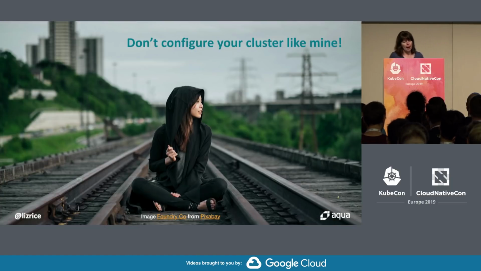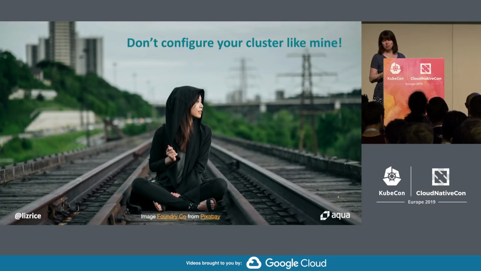So what I'm going to do, I have a cluster here that is terribly badly misconfigured, and I hope none of you have a cluster that is as badly misconfigured as mine is. Over the last probably year, 18 months, lots of work has gone into Kubernetes to make it have better defaults.